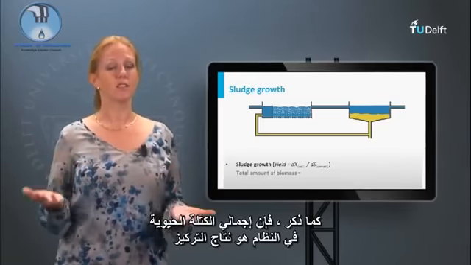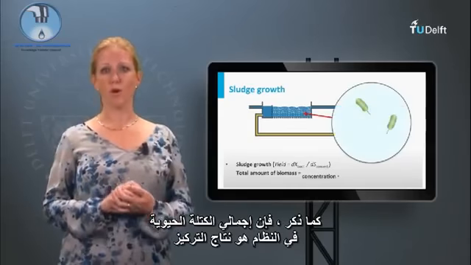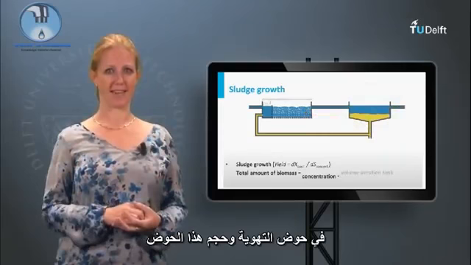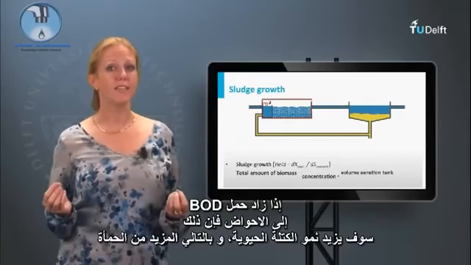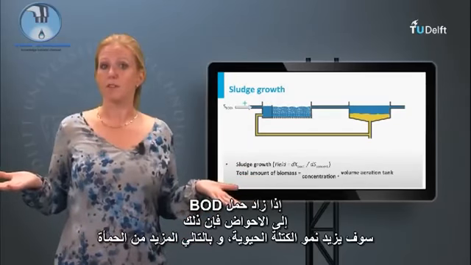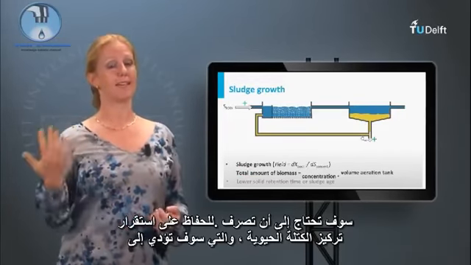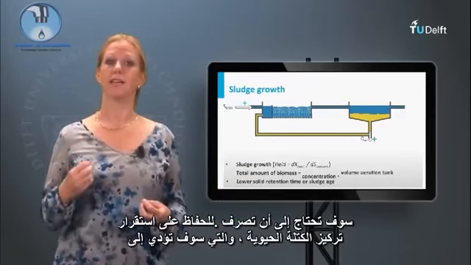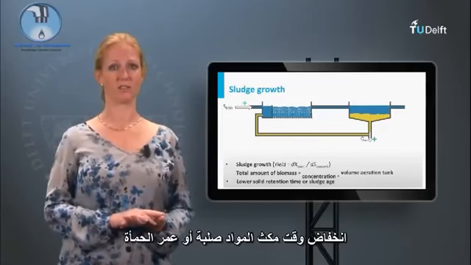As mentioned, the total amount of biomass in the system is the product of the concentration in the aeration tank and the volume of this tank. If the BOD load to the tanks increases, so will the biomass growth. Thus more sludge will need to be wasted to maintain a stable biomass concentration, which will lead to a lower solid retention time or sludge age.